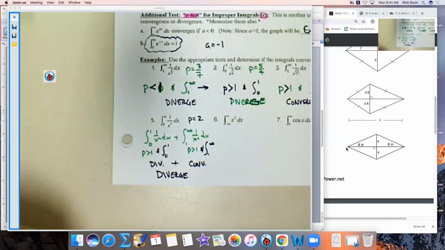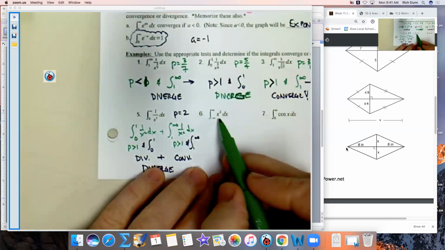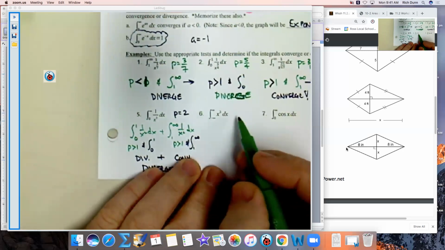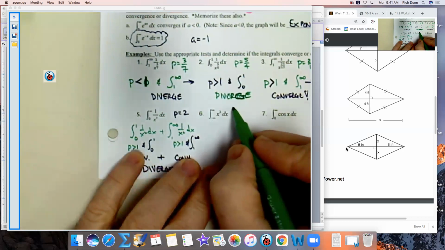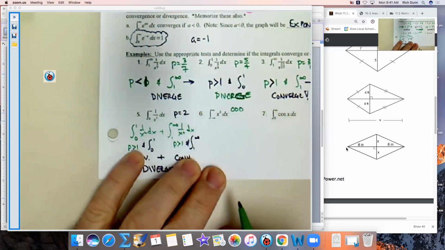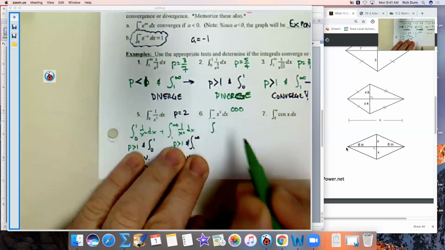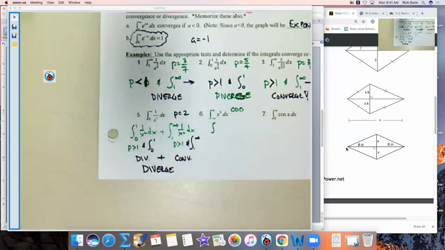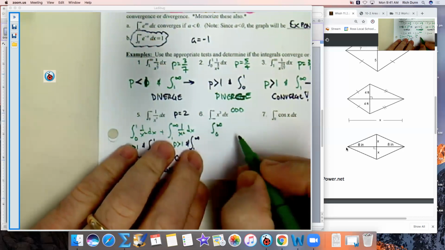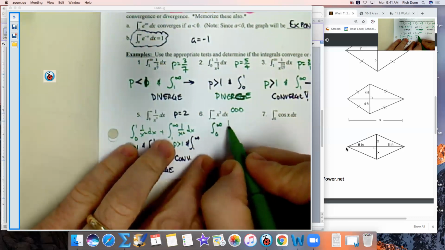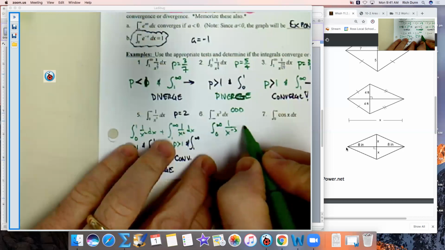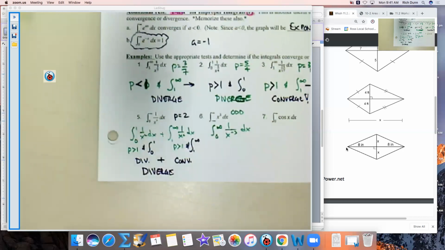Let's take a look at the next function. Okay. In this case, we've got an odd function here that I do notice. Odd function means we can rewrite this and evaluate this from just the right side, from 0 to infinity of 1 over x to the negative third power dx.